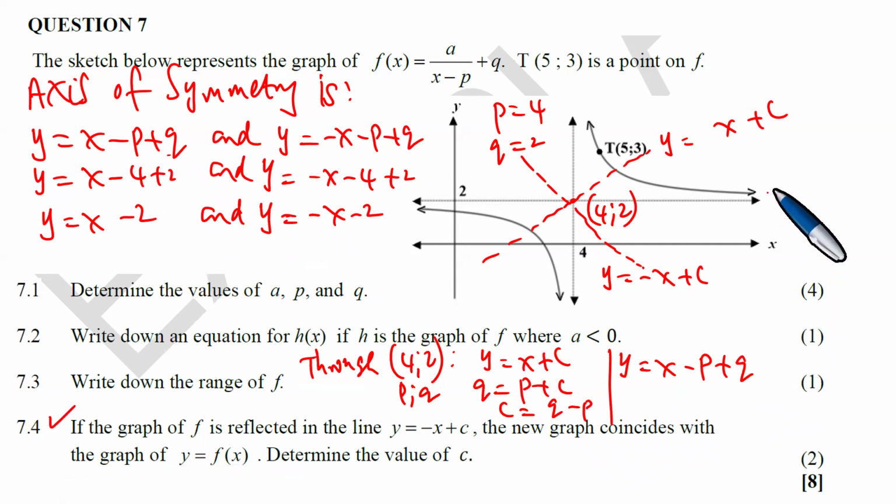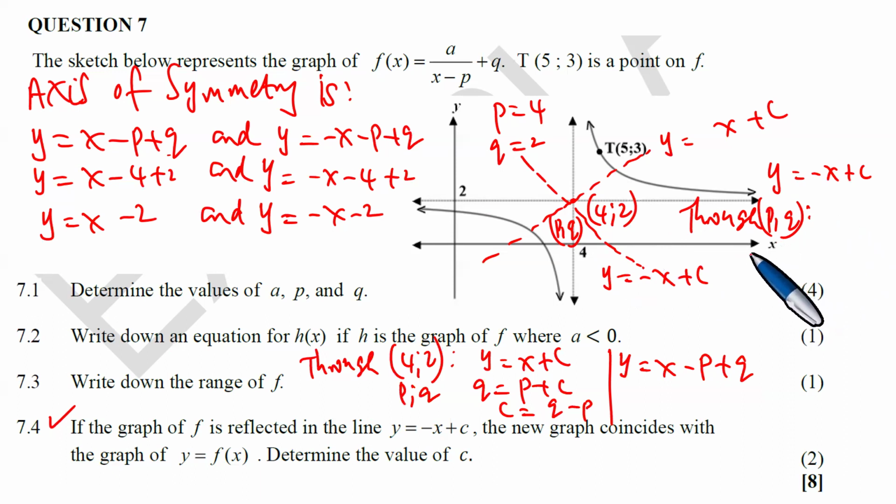Then you also have the negative slope version, where you have Y equals minus X plus C. The negative slope version is going to pass through the point PQ, where they intersect.